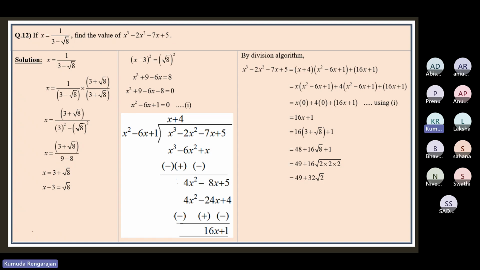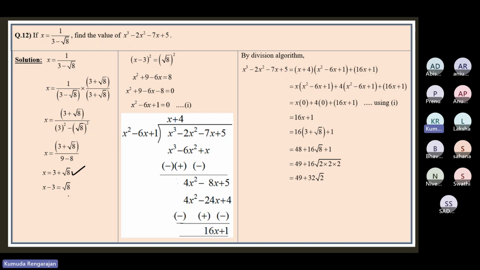As always, whenever the denominator is irrational, we'll have to rationalize the denominator. That's the first step. So you know that procedure. After rationalizing the denominator, we get x is equal to 3 plus root 8, because 9 minus 8 is 1. So 3 plus root 8.